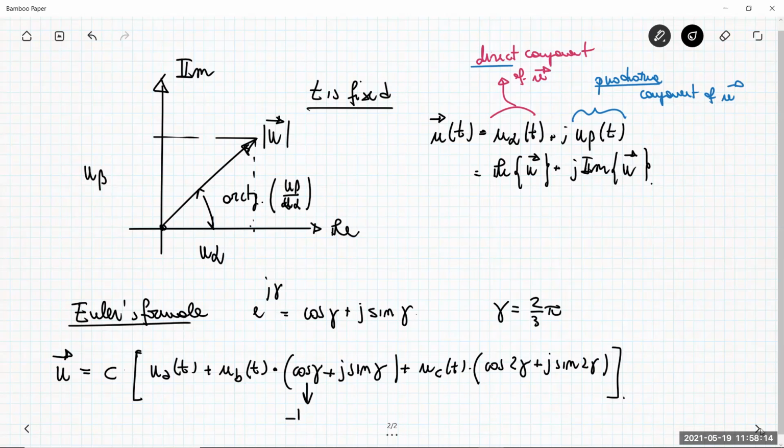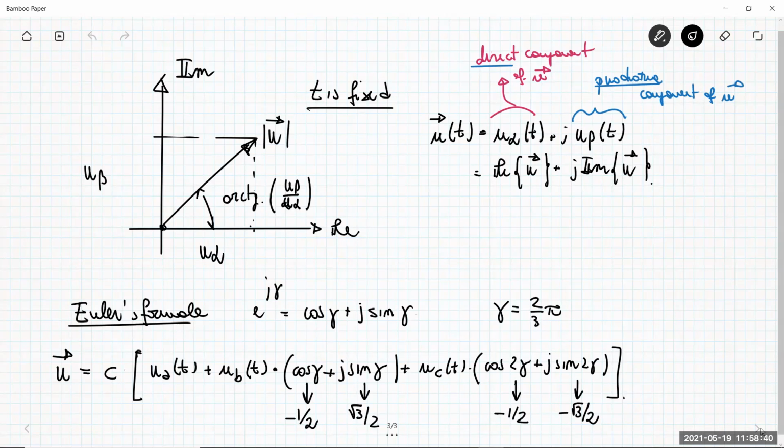Here you can get minus 1/2. The sine of 120 degrees is square root of 3 over 2. Cosine of 2 gamma is again negative 1/2. Sine of 2 gamma is negative square root of 3 divided by 2.